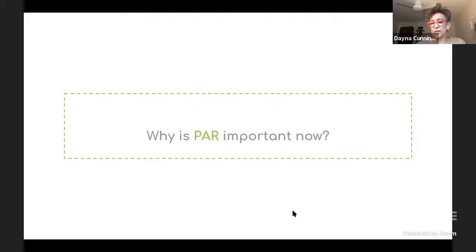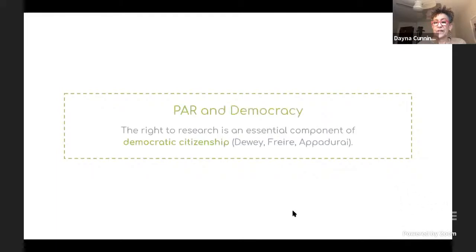I've gone over this a little bit, but just very quickly. Why is it important now? John Dewey, American pragmatic philosopher, Paulo Freire, Brazilian, and Arjun Appadurai, South Asian, all talk about the importance of research to the meaningful exercise of citizenship.